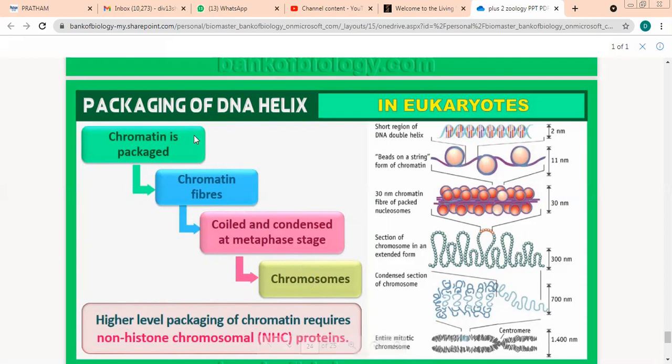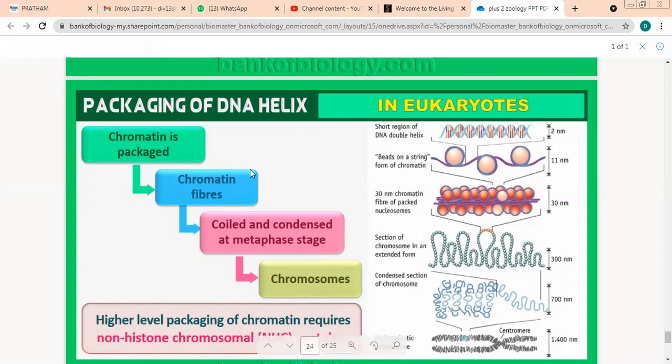Let us do this again. Chromatin: very, very small thin thread-like structures. Many chromatin threads together give a longer and thicker structure, which is known as chromatin fiber.